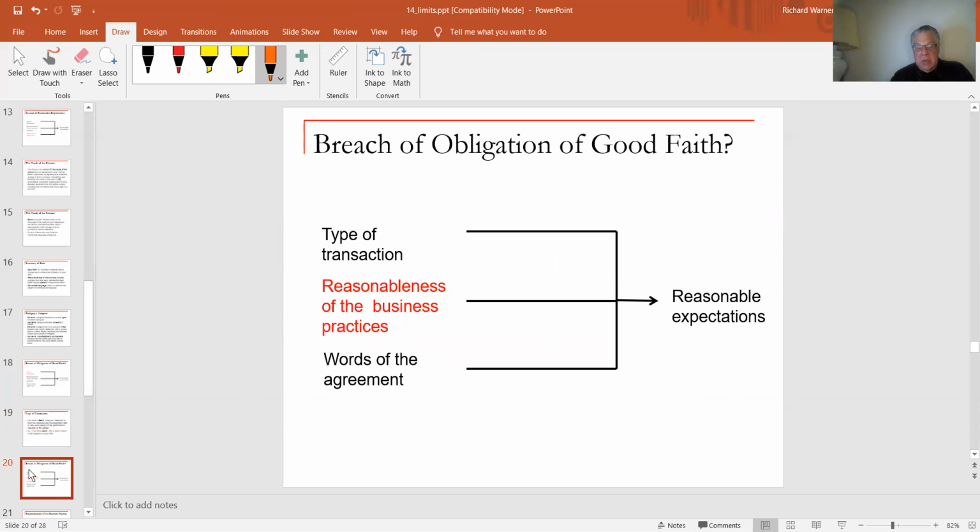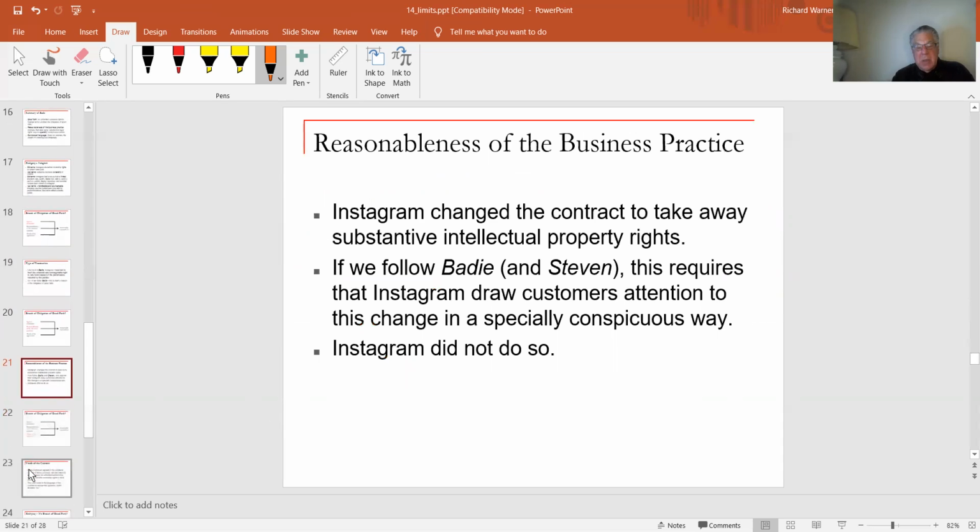What about the reasonableness of the business practice? Well, this is a huge change. Right? We take away intellectual property rights that original Instagram before Facebook had guaranteed as part of their marketing. Why use Instagram?